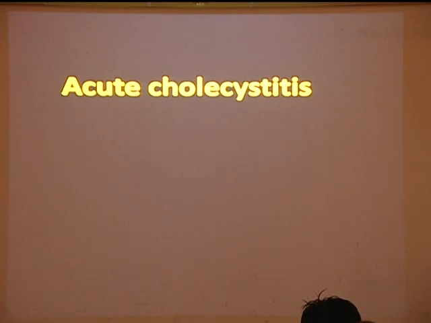Acute cholecystitis has several characteristic findings. One is the gallstone. In the emergency room, if you find a patient with acute cholecystitis but no gallstone, maybe we'll call it acalculous cholecystitis.